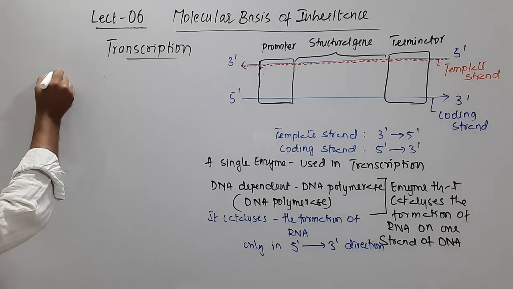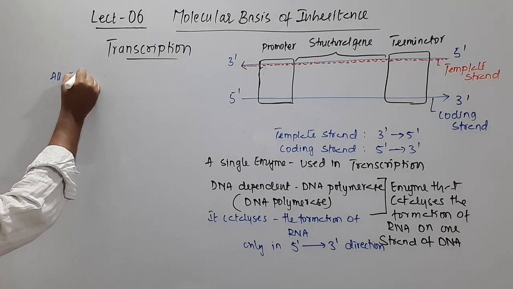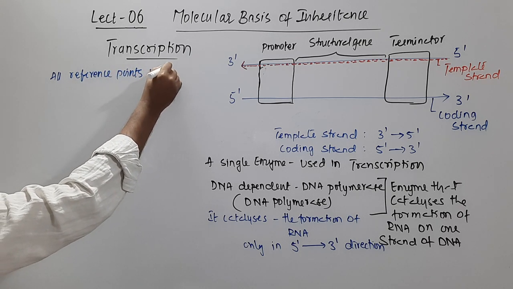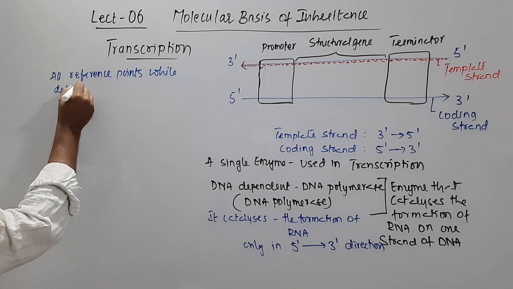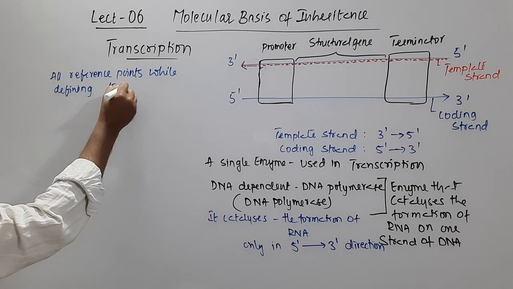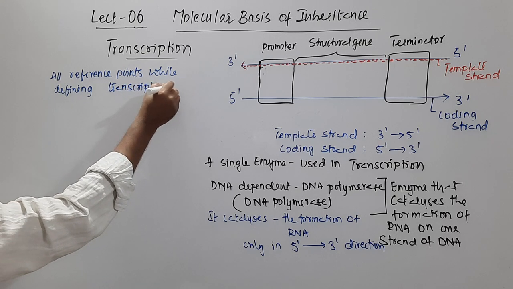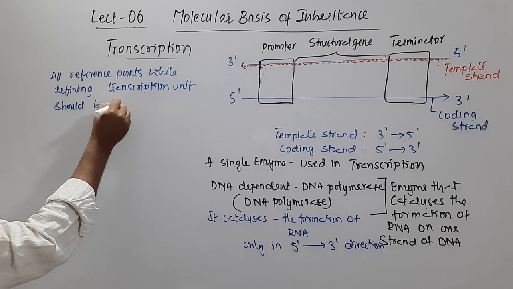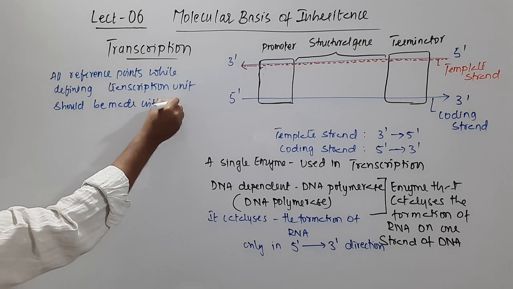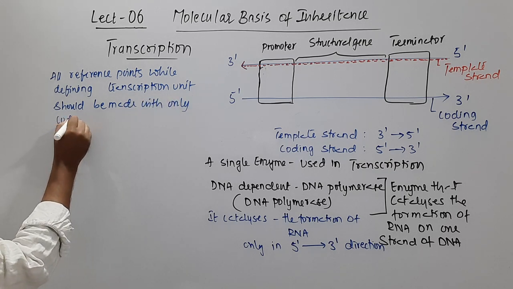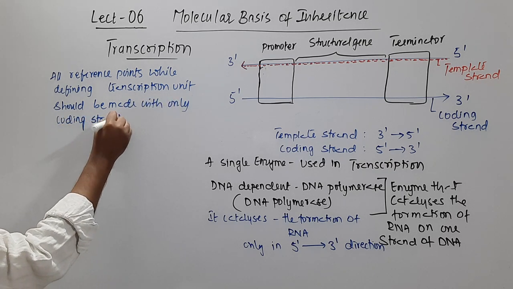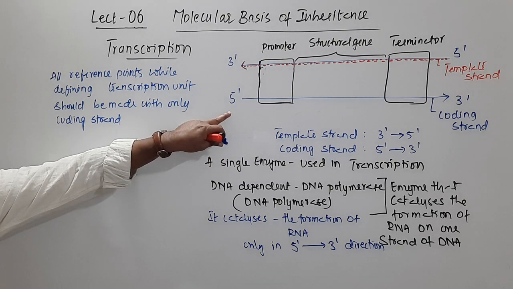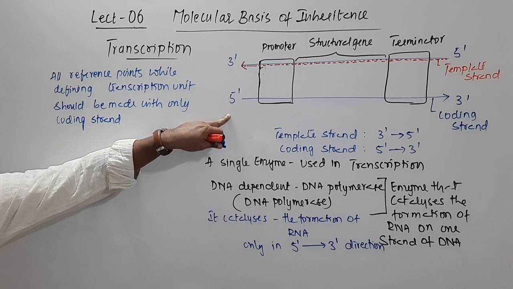So I'll mention, all reference points while defining a transcription unit should be made only with the coding strand. Whenever you talk about the transcriptional unit, you should use the coding strand as a reference point.